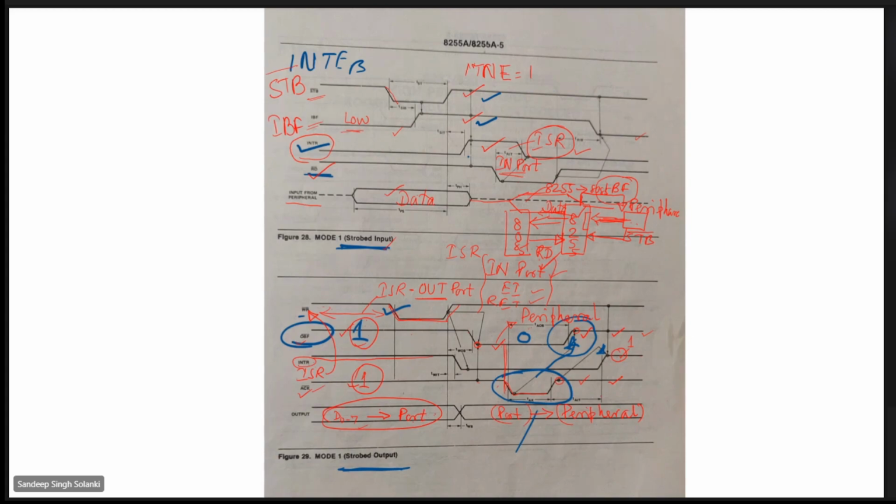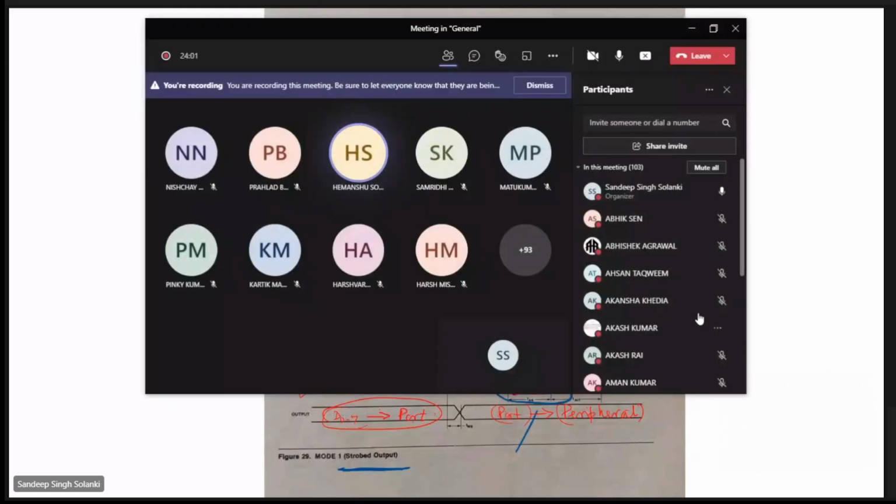Yes, sir. I think this mode 1, you people must have understood, isn't it? Sir, why has acknowledge become low in the middle portion? Acknowledge becomes low in the middle portion.